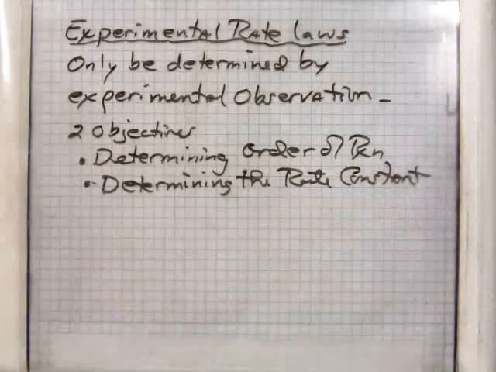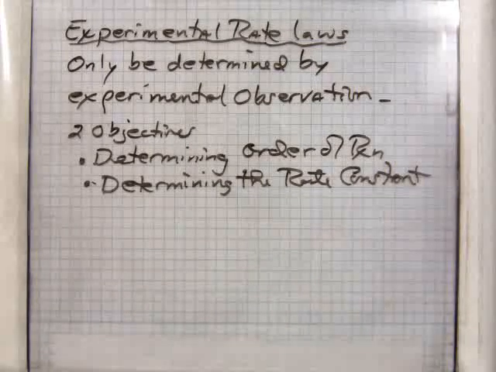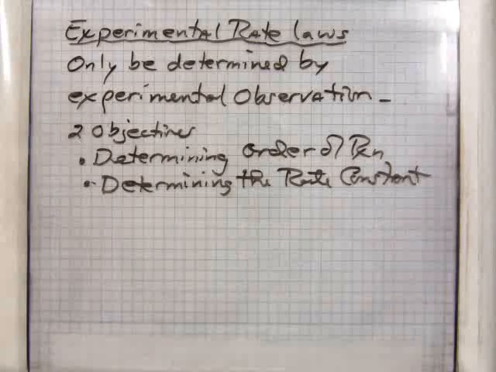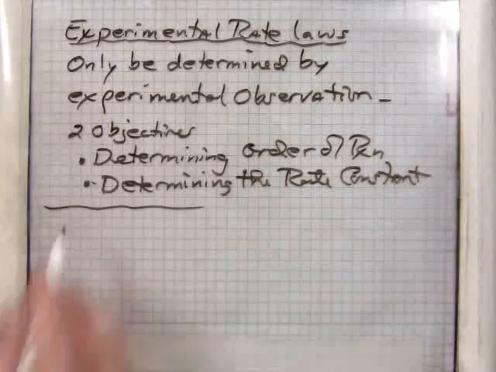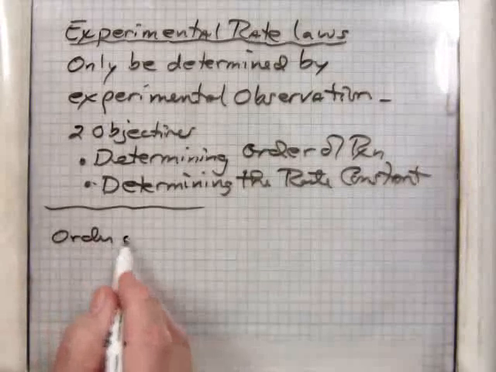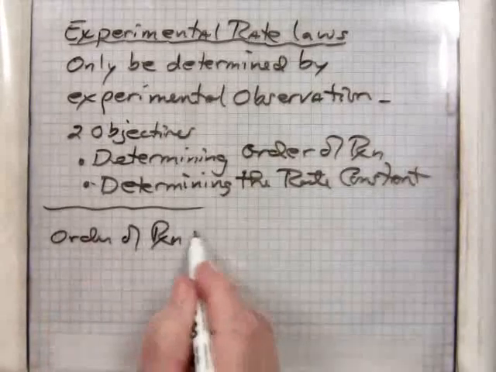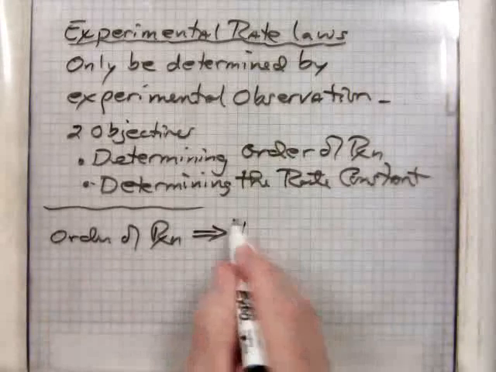And it gives you the numerical rate law, in that the empirical rate law is only in terms of variables, but the numerical rate law is in terms of the values inserted into the empirical rate law for rate constant and order of reaction. Okay, so order of reaction is essentially the rate trend.